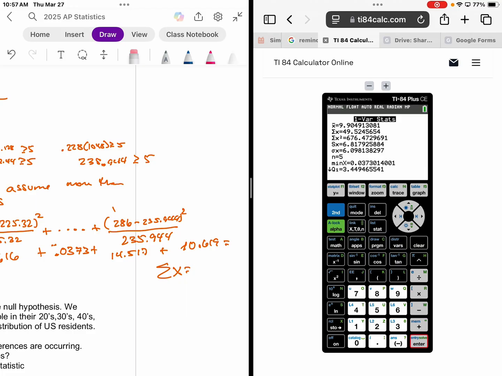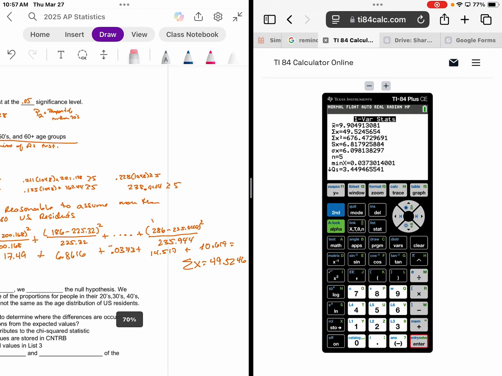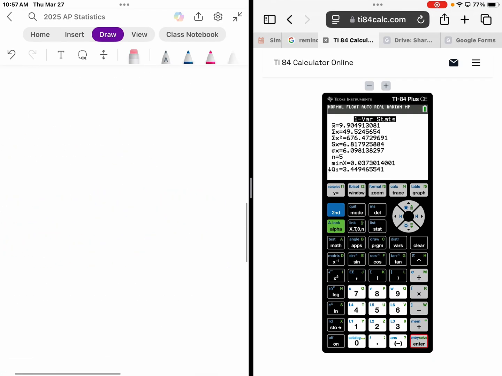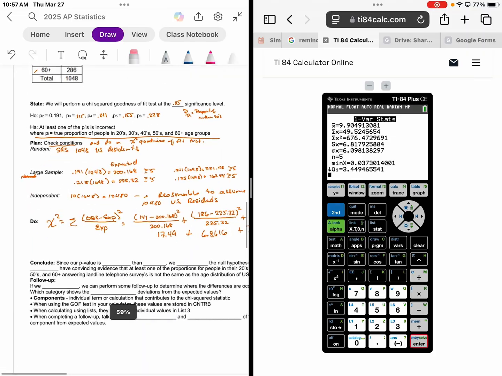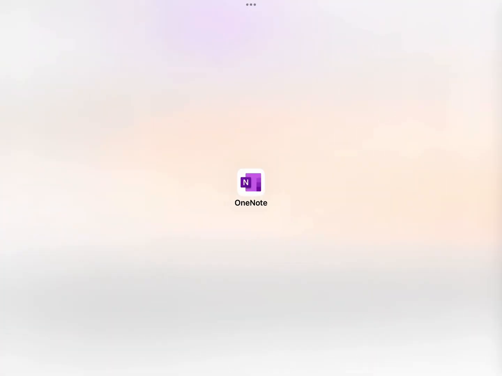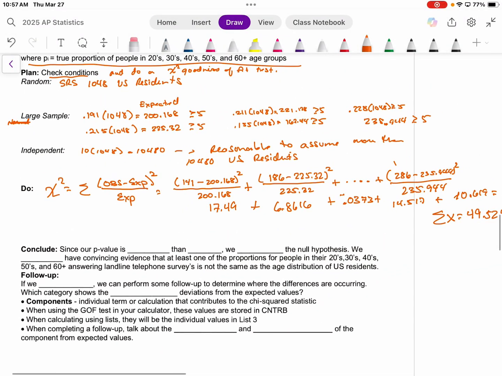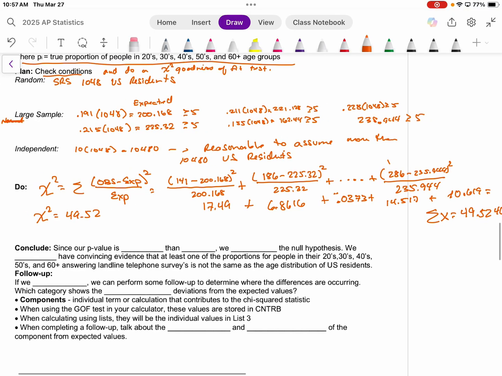Well, the sum of the values in that column is 49.5246. That is my chi-square statistic. So my chi-squared statistic is 49.5246.